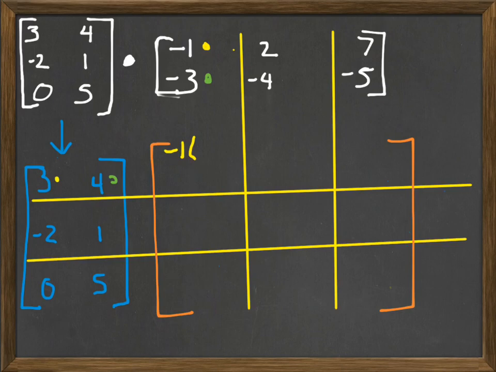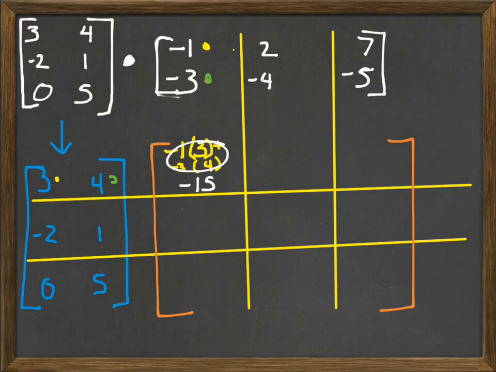So -1 times 3 plus -3 times 4. When you add those, -3 plus -12 gives you -15. That's the only answer in that spot. This other is just the work.